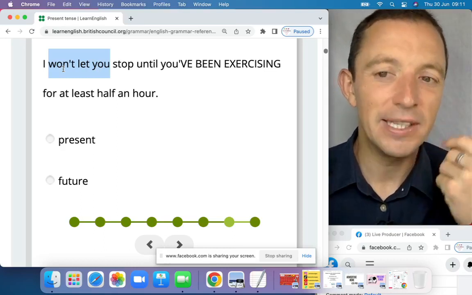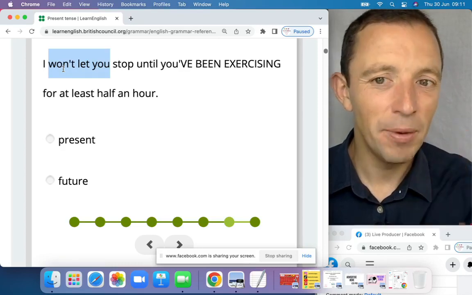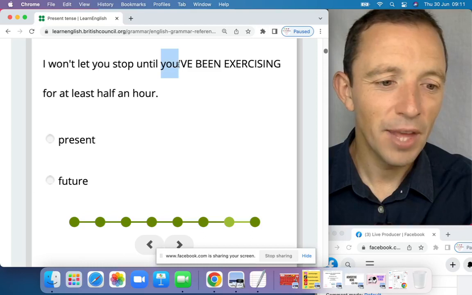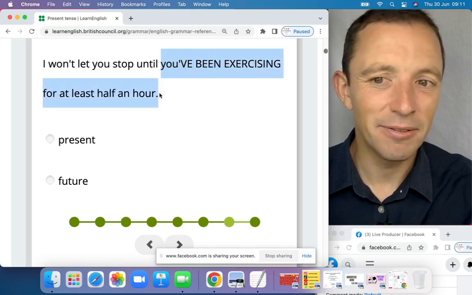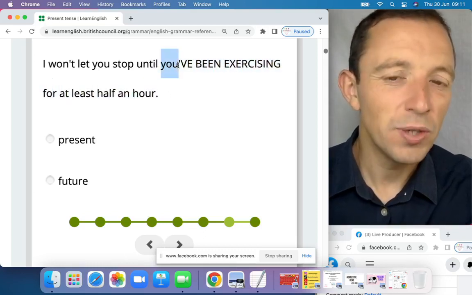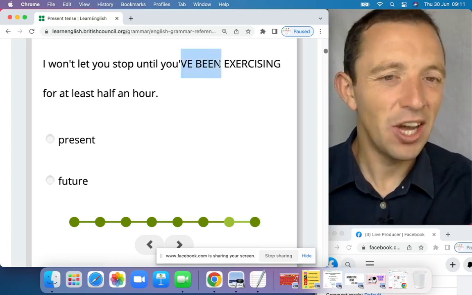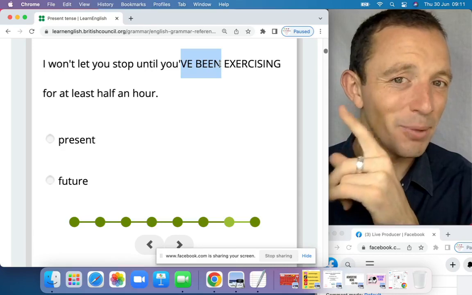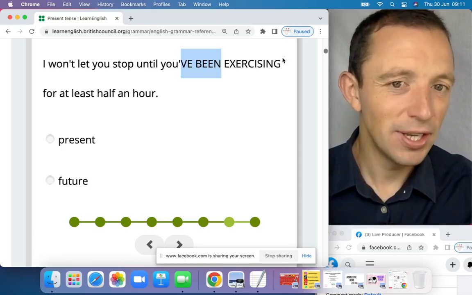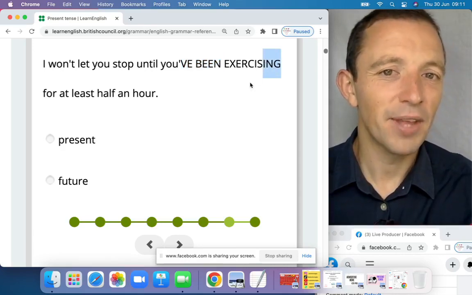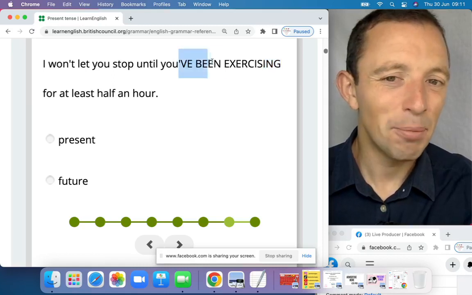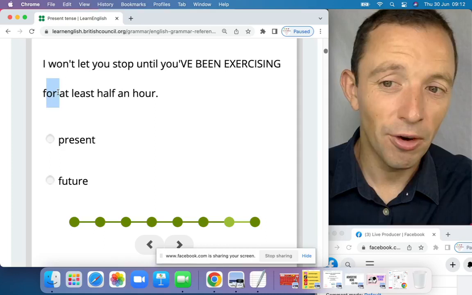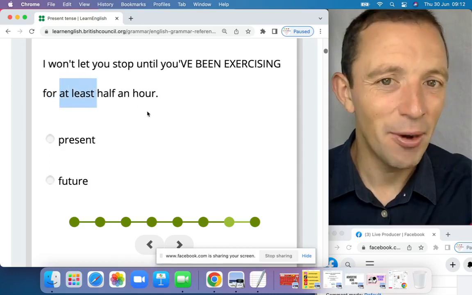I won't permit, I won't allow you to stop until, subject you, have been exercising for at least half an hour. You is the subject, have been is the auxiliary, the verb to be in the present perfect, plus the ing form. So this is the present perfect continuous, and the preposition for at least half an hour.